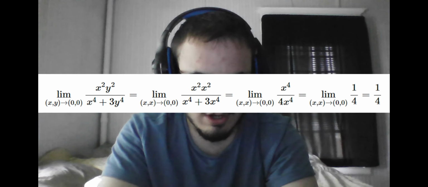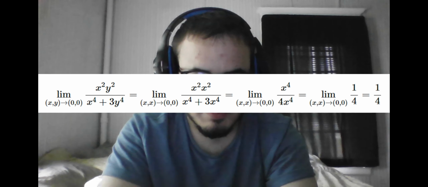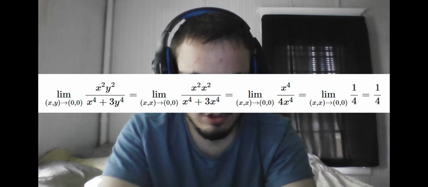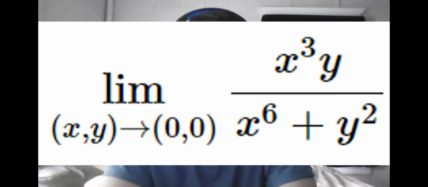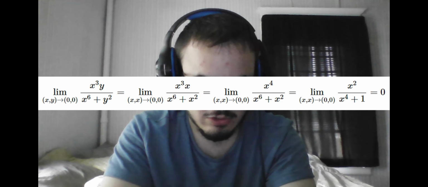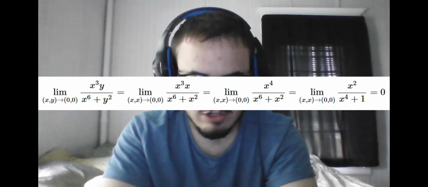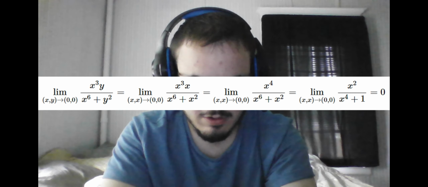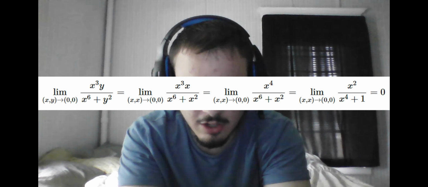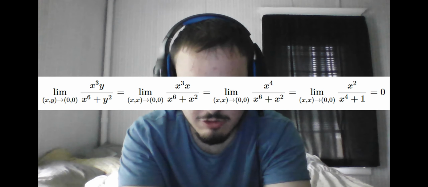Sometimes we will have to take approaches along more bizarre directions rather than perfectly diagonal, perfectly horizontal, or perfectly vertical ones, such as in this example, because we see if we do y equals x on a diagonal line, we get x squared over x to the 4th power plus 1, which is 0 because x to the 4th power increases greater than x squared.